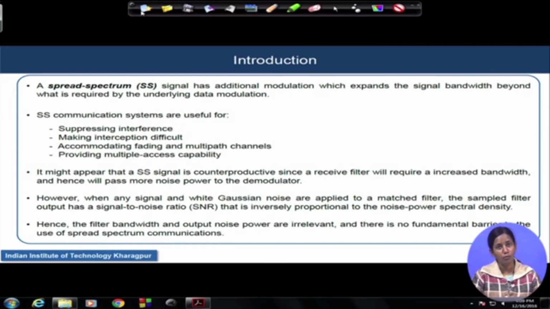So the noise power at the output of this filter will be irrelevant, and hence there is no fundamental limit for us to use spread spectrum communication. Remember, there is no fundamental barrier. There is no question at all of thinking that the noise power will be increased in such a system and put a fundamental barrier in the implementation. It is really not, thanks to the matched filter concept.